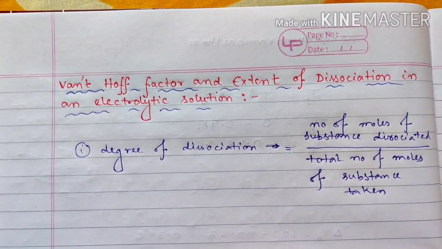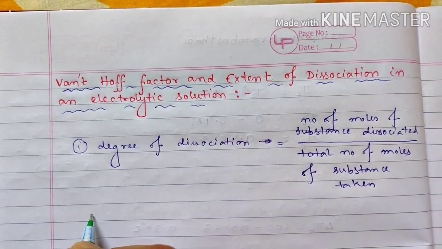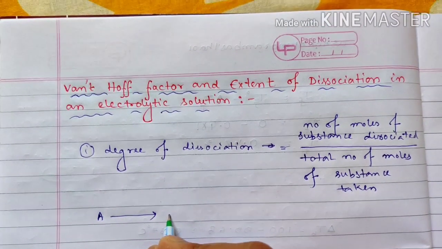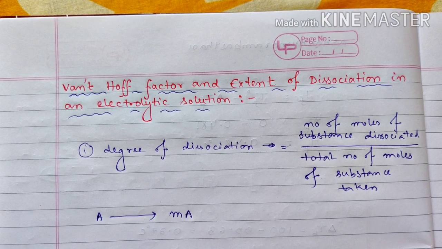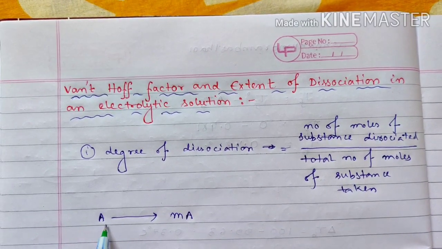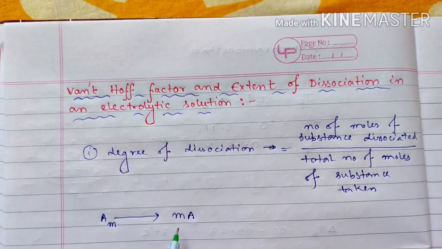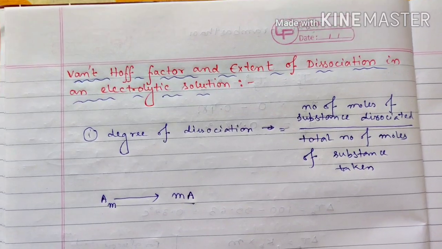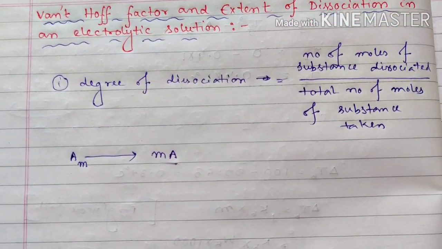Now suppose we take any electrolyte. Suppose we take an electrolyte which will dissociate and will give m number of ions after dissociation. So it was an electrolyte like this, and it will dissociate into m ions. So in that case, what should happen?